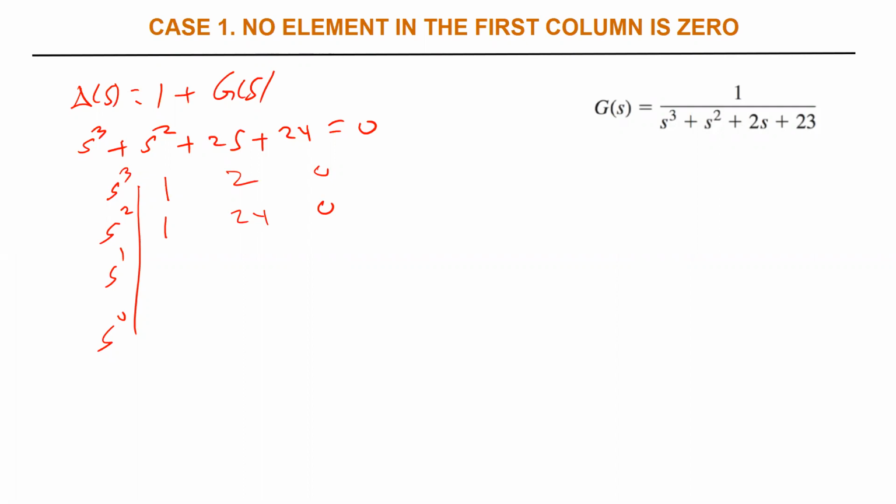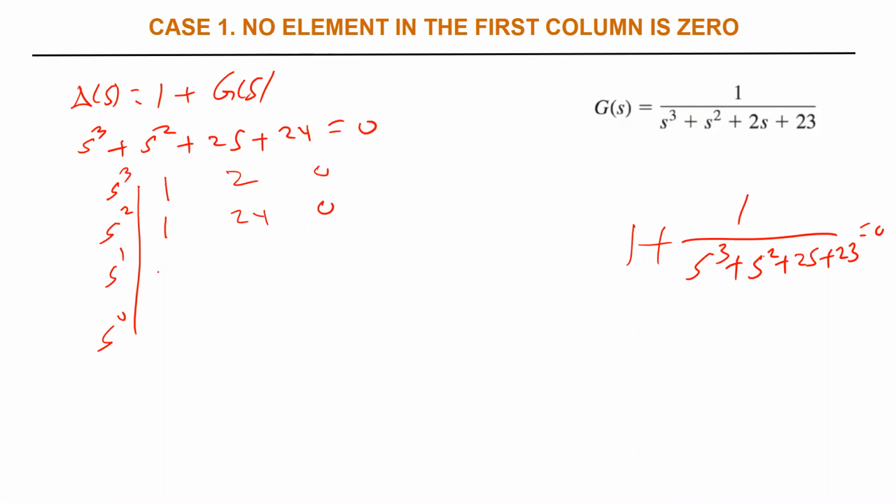But Doctor, G of S is 1 over something; how did you add it with one? Yes, Doctor, how is delta S equal 1 plus GS? Clear the fraction. Okay, I decided to speed up a bit because the problem is time.